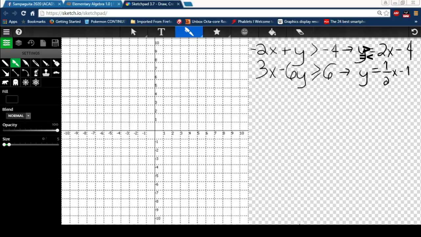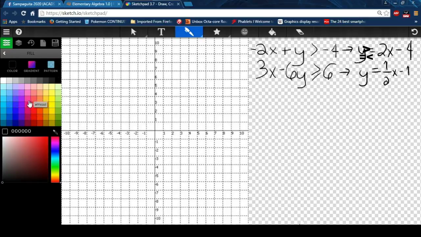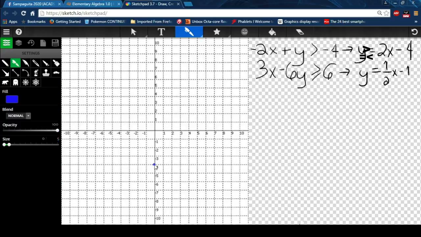So to facilitate the graphing process, we will use a dashed boundary or line defined by y equals 2x minus 4 and shade all points above the line. So the y-intercept is negative 4, so we will mark a point in the y-axis, which is there, negative 4.